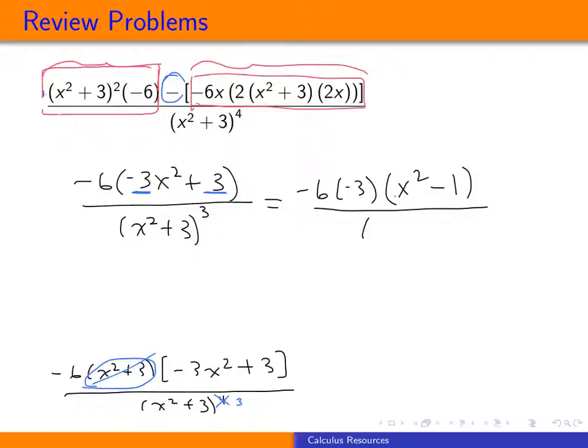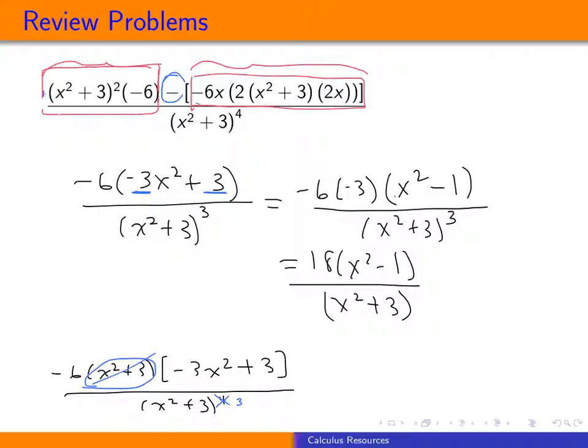And all of that is over x squared plus 3 cubed. So this expression is going to be 18 times x squared minus 1 all over x squared plus 3 quantity cubed. And isn't that much prettier and quite a bit simpler than what we started with?